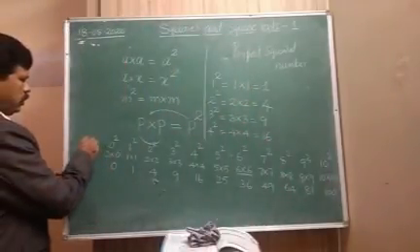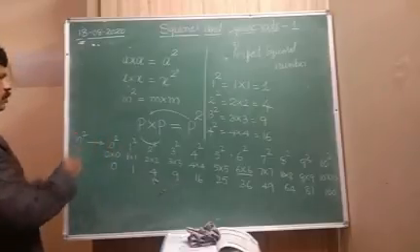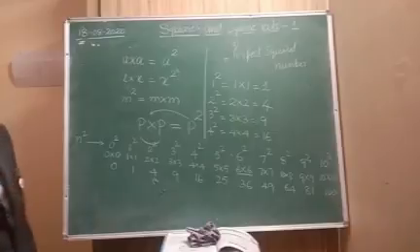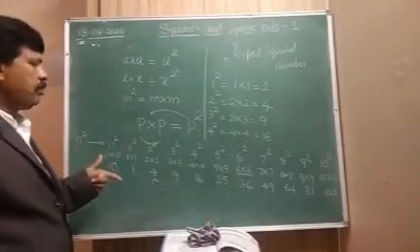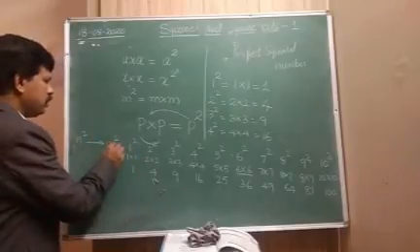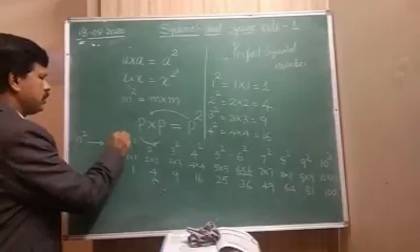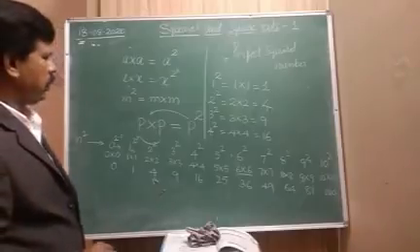Now this row is called n squared. A number is squared, it means that you have to multiply the number by itself. See here, this is called the base and this is the power.